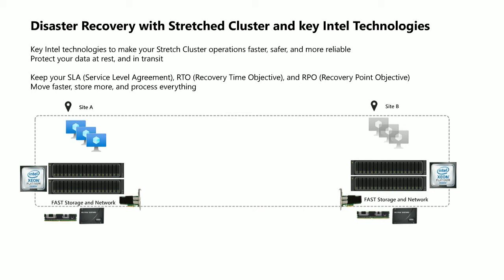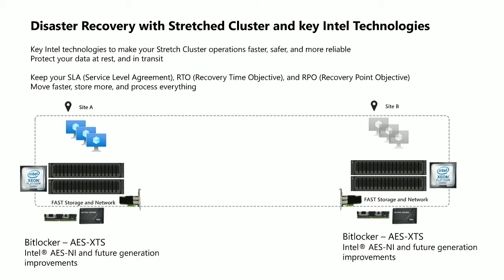And if you configure the stretched cluster, as John was explaining before, the better infrastructure you have on both sides, it will matter when you are doing automatic failover and storage replication. What I mean by that is you have to have fast processing capability on both ends. You have to have fast storage and network on both ends, because some of the features that you use will demand more processing, storage and networking capability.